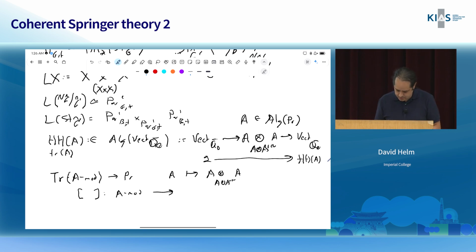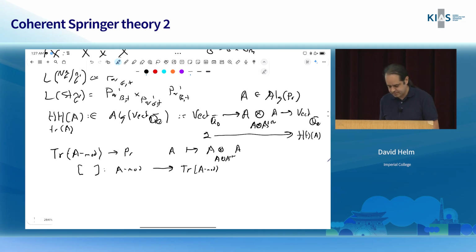It takes a module category over A, and it returns an object of trace of A mod, one of these objects here.